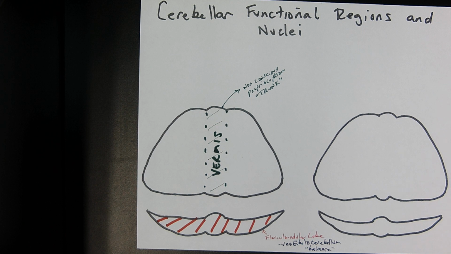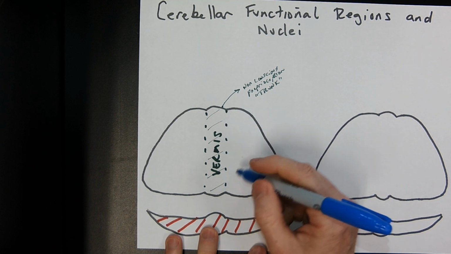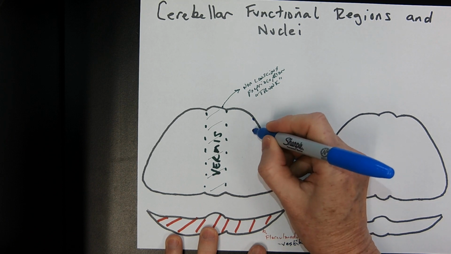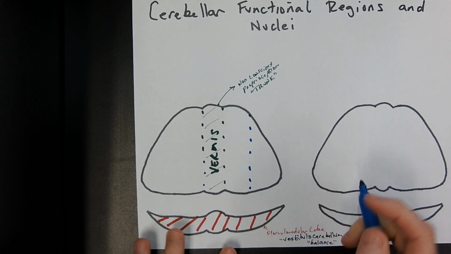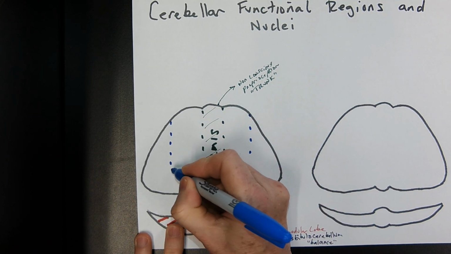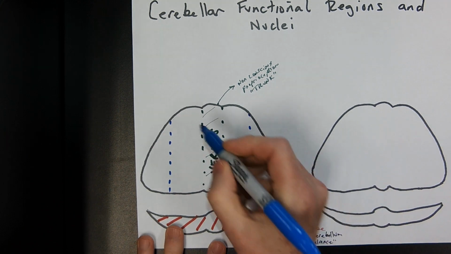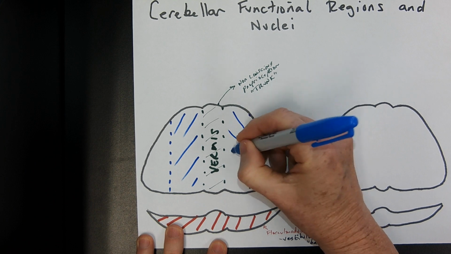Then just outside the vermis, you have another area. It's pretty easy to remember. It's called your paravermal area, P-A-R-A vermal. That's here in the blue on both sides. There's a right and a left side.